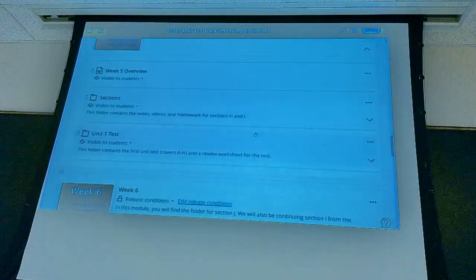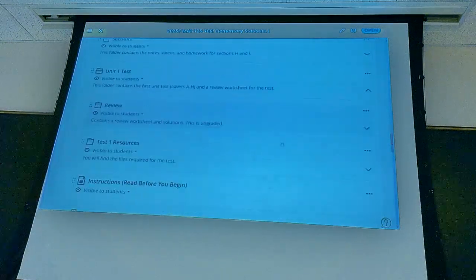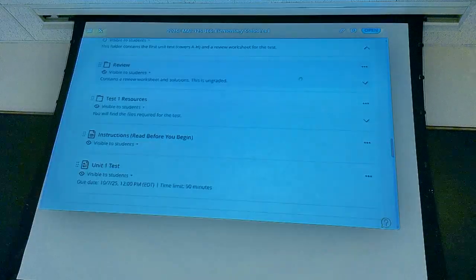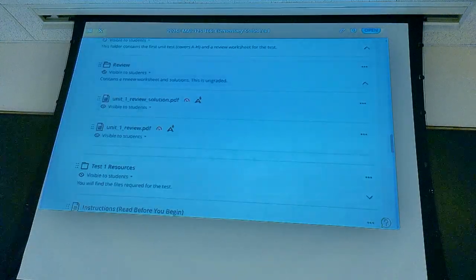First test is available now. It just covers the descriptive statistics, so sections A through H. I do have a review folder up here as well, with a review worksheet and its solutions, both available.